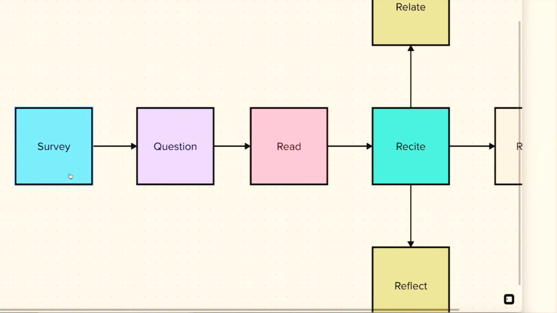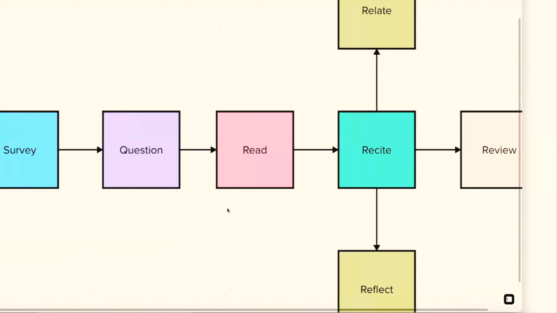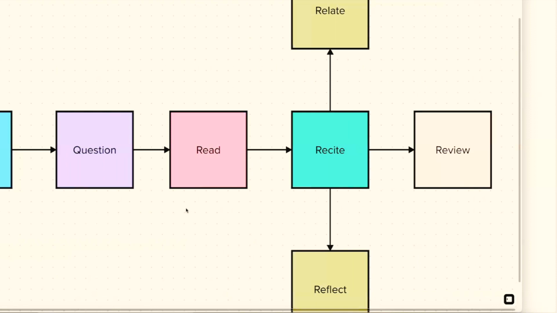Once you have formulated those questions, you start to read the content using the questions that you posed. It gives you a proper explanation for each and every question, and the answers. So that is the read.